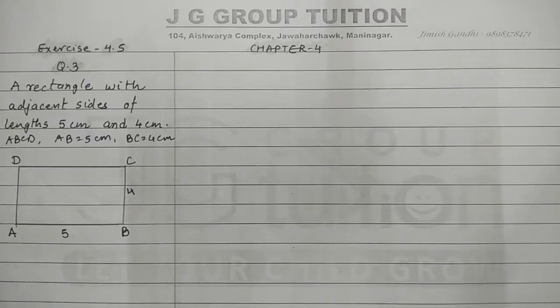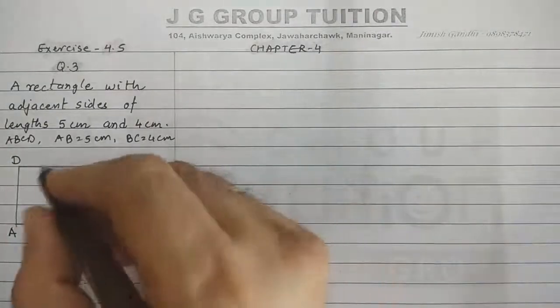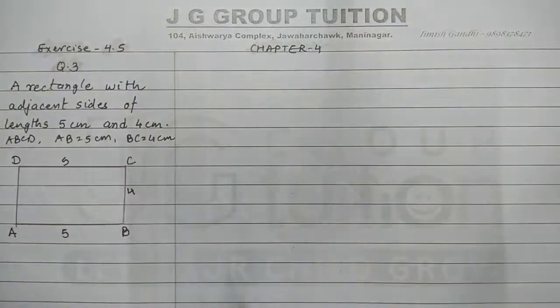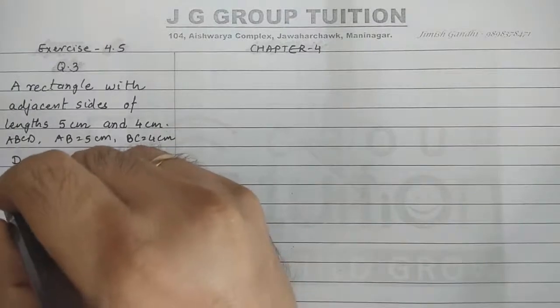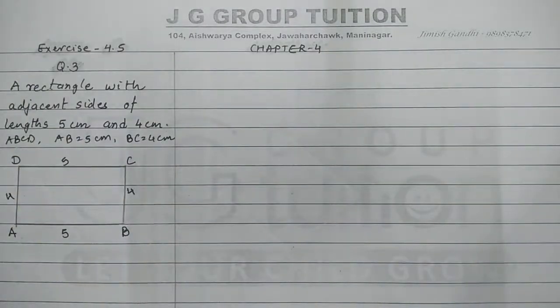To construct a rectangle ABCD, we know that the pairs of opposite sides are the same. So this must be 5 and this must be 4. AB and CD are the same, and BC and AD are the same.